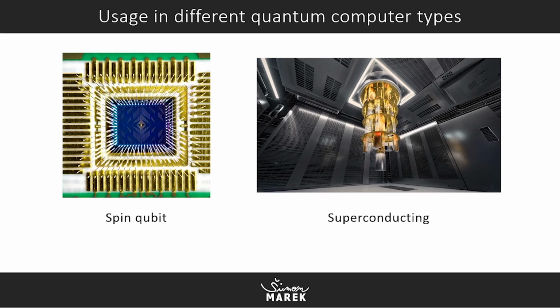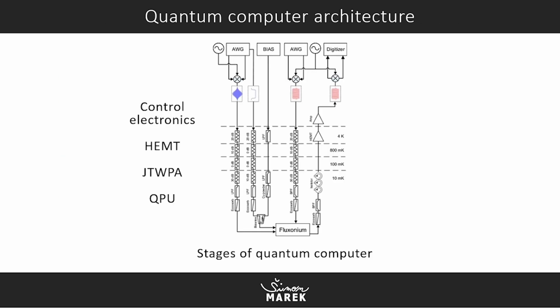The main type is superconducting technology, but this can also be used in spin qubit technology since it is also cryo technology and it also requires some additional readout. So it can also be integrated into spin qubit technologies for some minor stuff.